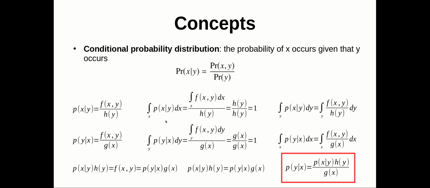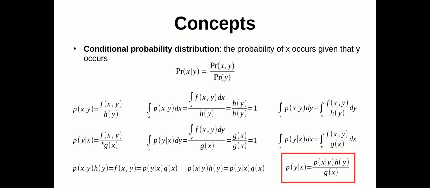But if you assume that y is given, and the conditional probability is a function of x, then the integral over x gives you 1. So the conditional probability is indeed a probability of x, but it's not a probability of y. It's a likelihood of y, but not a probability of y, because in general the integral over y is not going to give you 1.